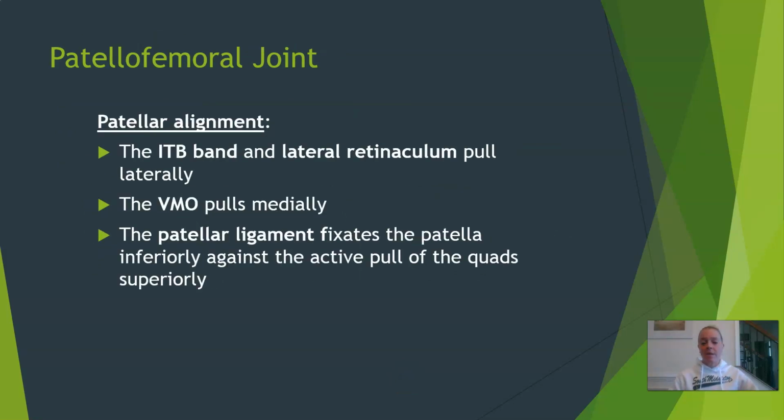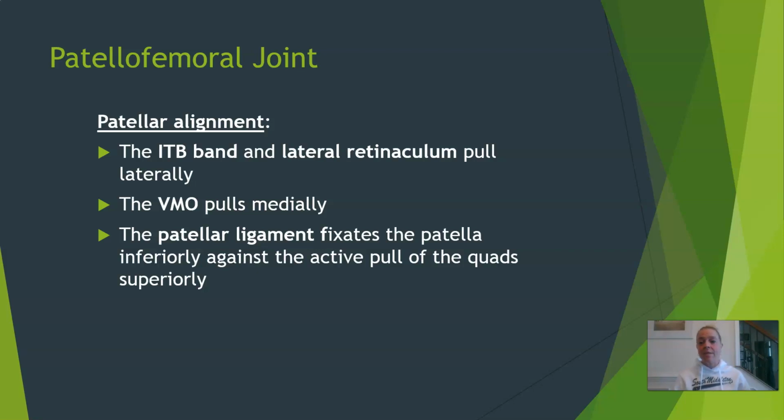For patellar alignment, we want the patella to stay approximately in the center of the knee. It's stabilized on the lateral side by the IT band and the lateral retinaculum, and on the medial side, it's stabilized by the VMO. So the big thing to take away here is our medial stabilization is muscular. Our lateral stabilization, the IT band and the lateral retinaculum, are more inelastic structures.